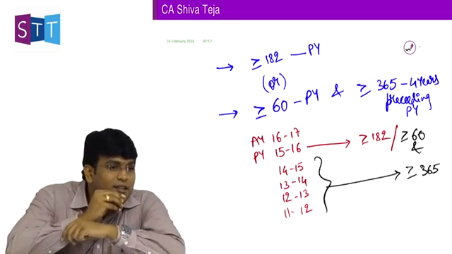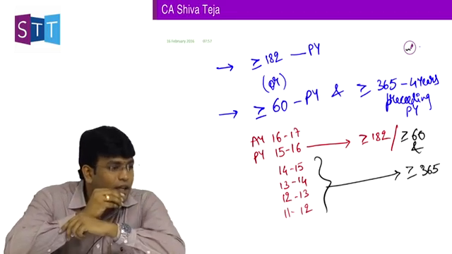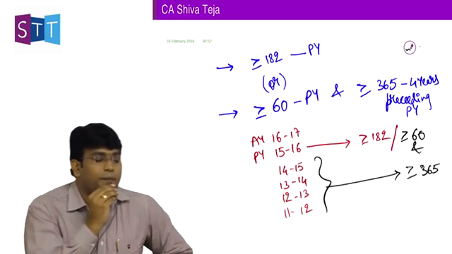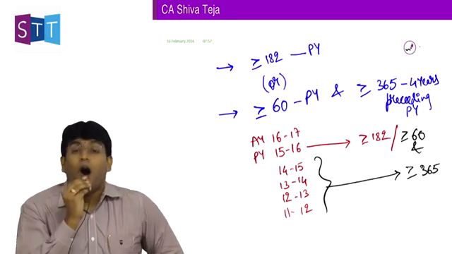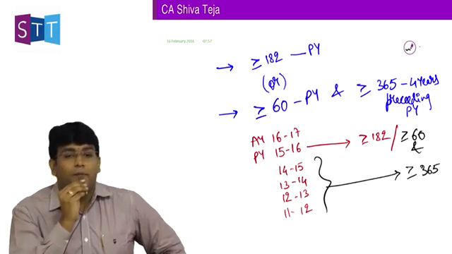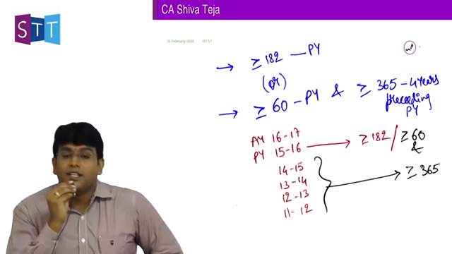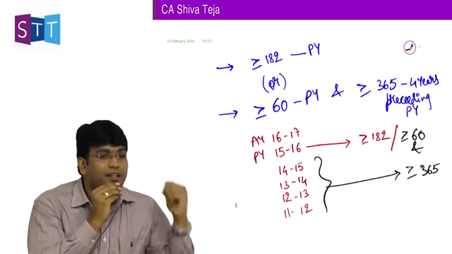How do we count physically? Number of days. Correct? Repeat again: the first condition is 182 days or more during the previous year, or 60 days or more during the previous year and 365 days or more during the 4 years preceding the previous year.